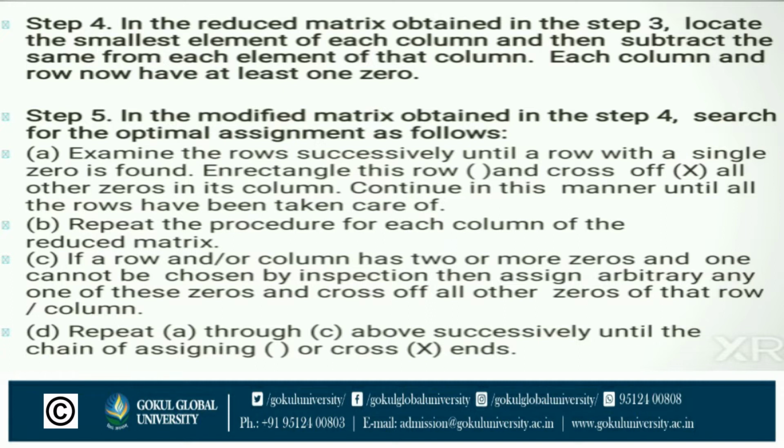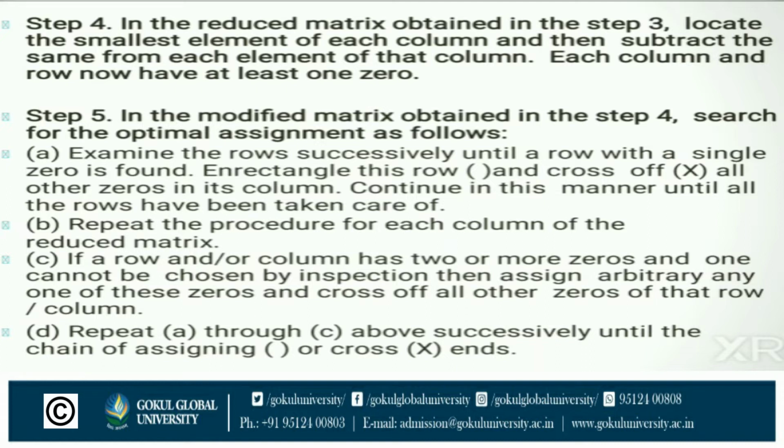In the reduced matrix obtained in step 3, locate the smallest element of each column and subtract it from each element of that column. The same process is used for rows and columns. Each column and row now has at least one 0. So we use steps 3 and 4 by subtracting the minimum element from each row and each column.